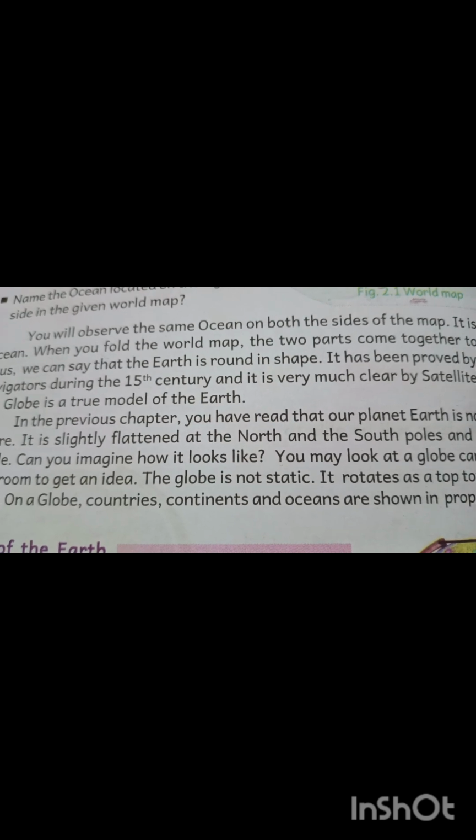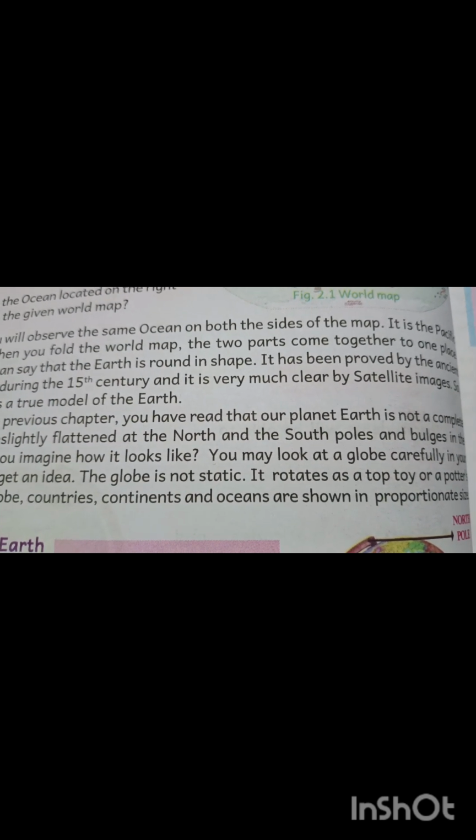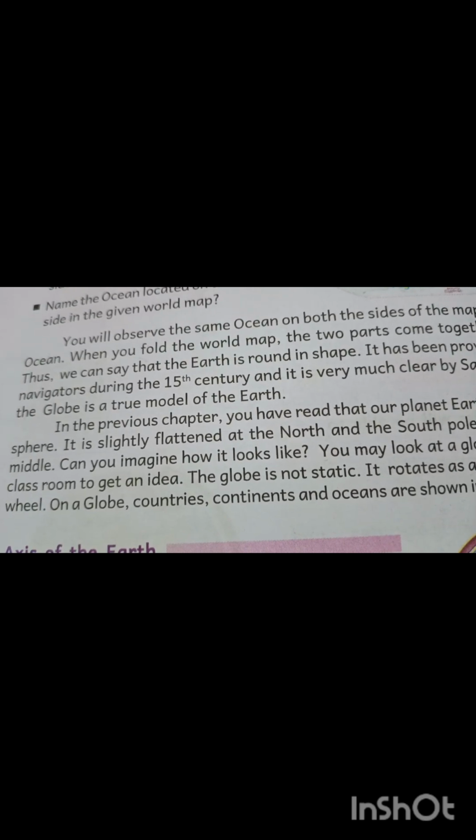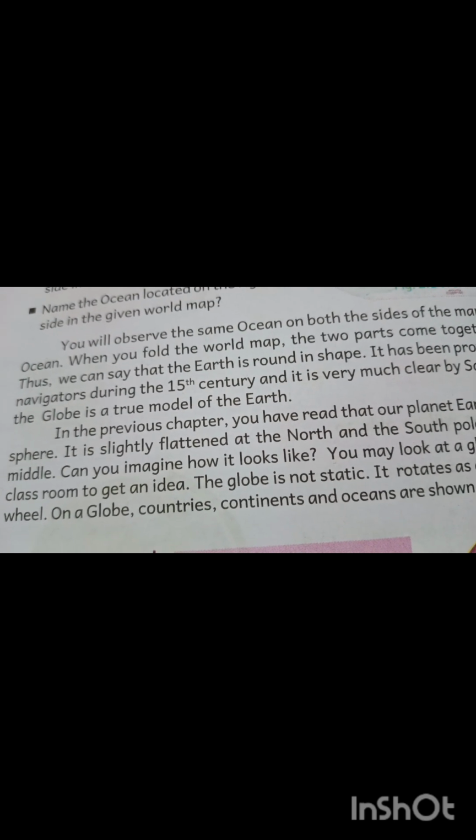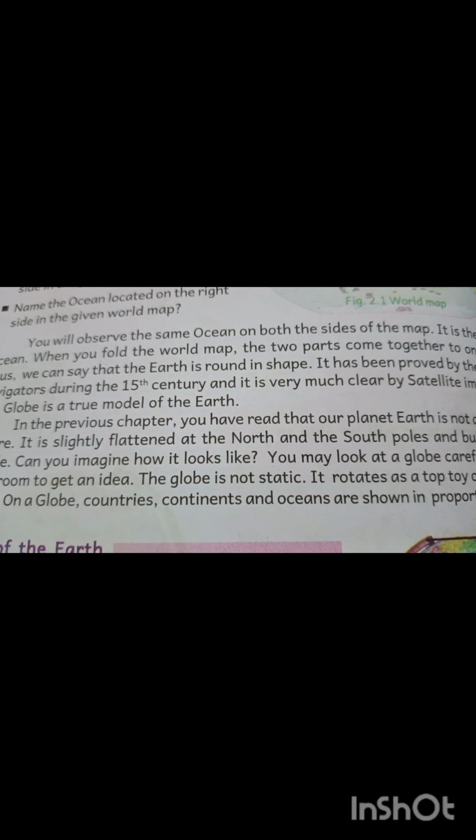In the previous chapter, we have read that our planet Earth is not a complete sphere. It is slightly flattened at the north and south poles and bulges in the middle. Can you imagine how it looks?